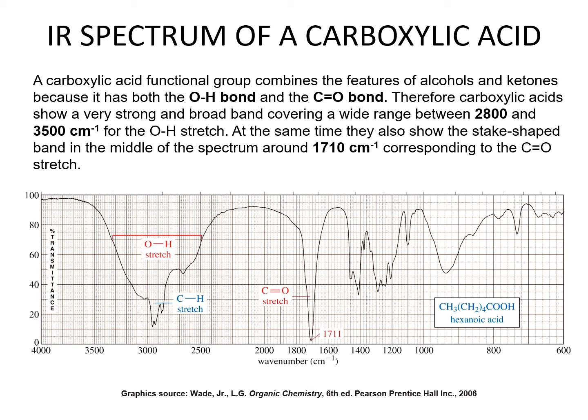Similar to the alcohols, the OH will absorb between 2800 to 3800 in a broad band, whereas the carbonyl carbon will absorb between 1700 to 1710, and specifically for hexanoic acid, this carbonyl carbon absorbs at 1710 centimeter inverse.